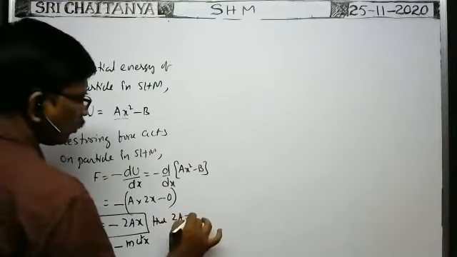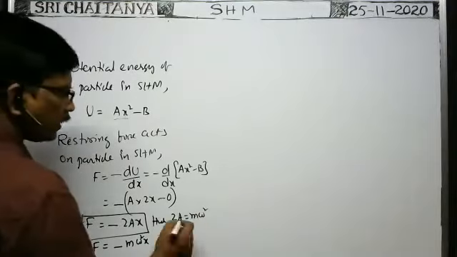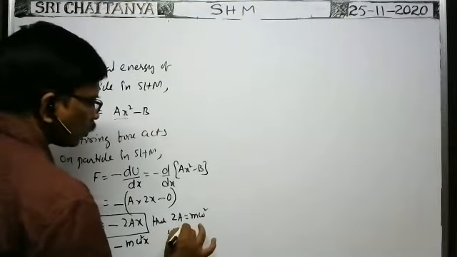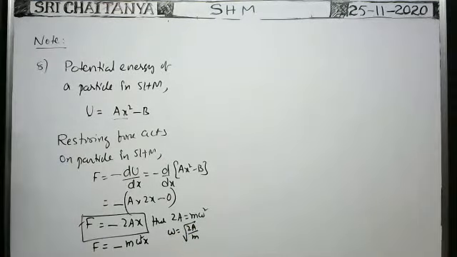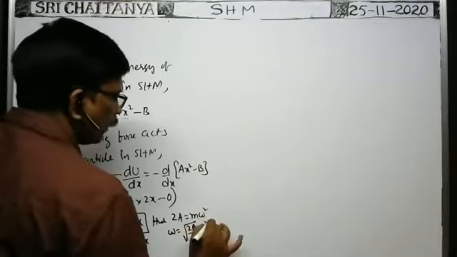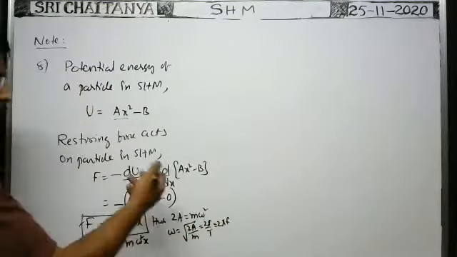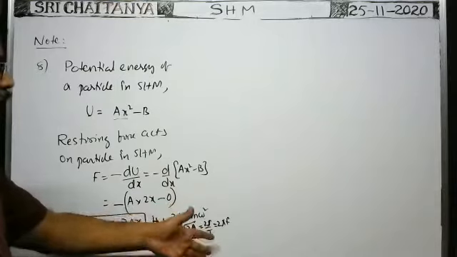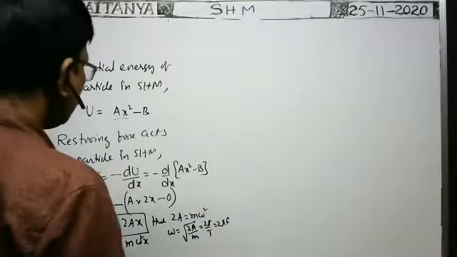Here 2a is equal to m omega square, we can also write. From this, they may ask for the angular frequency. Angular frequency is equal to root of 2a by m. That is the angular frequency. They may ask for the time period, which is equal to 2 pi by omega, or frequency, which is omega by 2 pi. So we can calculate time period, frequency, whatever it may be, if the equation is given like this. Okay.